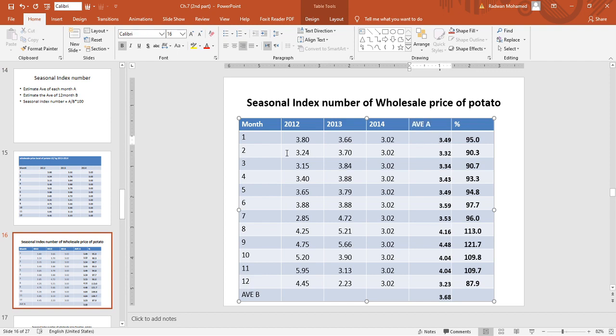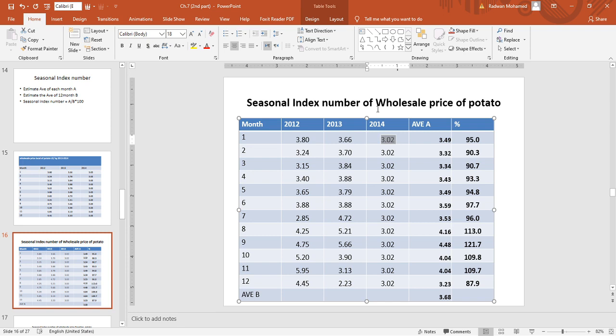The average of A is the summation of those 3 years over the number of years. I have 3 years: 2012, 2013, 2014.